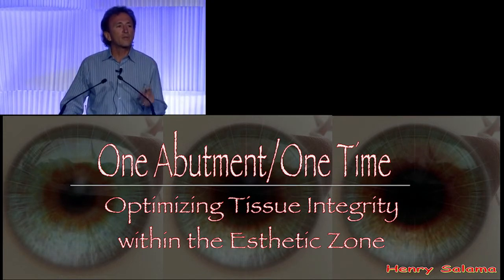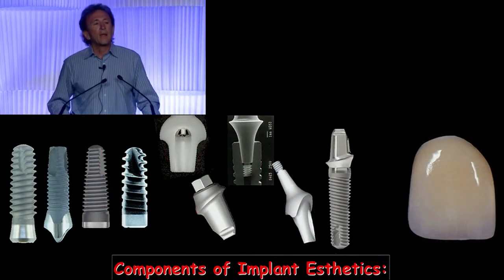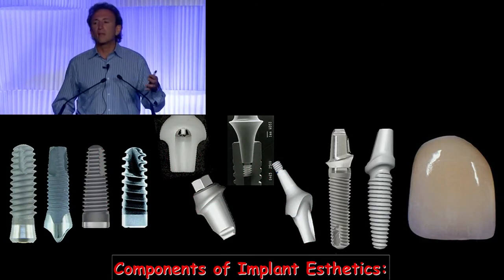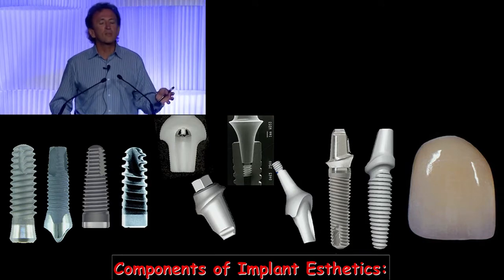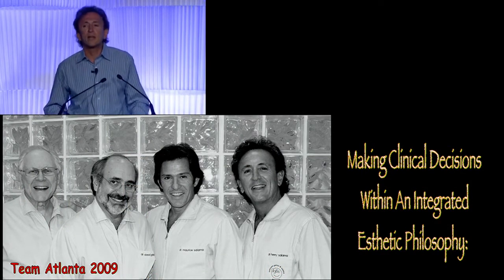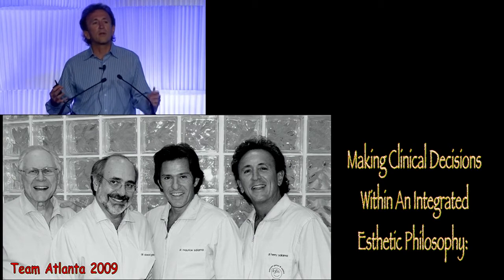It's one component that we look at in terms of optimizing tissue integrity and creating a stable environment in that area. You've seen that we deal with so many different components every day in implant dentistry, from the implants themselves. We talked about macrogeometry, microgeometry. But our team in Atlanta, David, Maurice, and of course Ron Goldstein, who's not here with us today, has a concept that's integrated in aesthetic dentistry.